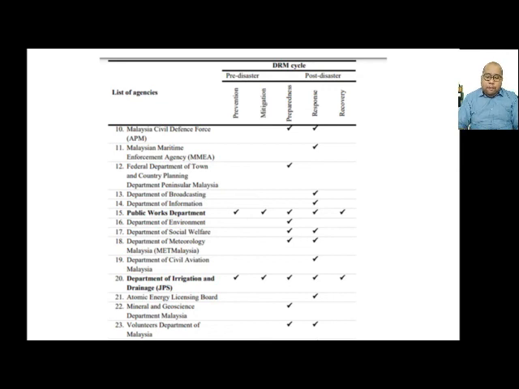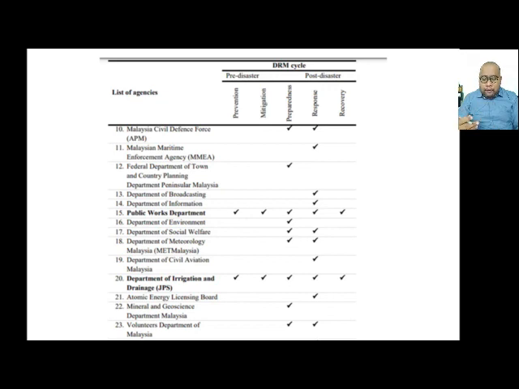And then prepare, that means when the flood occurs, JPS go to the high risk area and then put their pump. Bila banjir berlaku, dia letak pump. That's how the JPS respond.